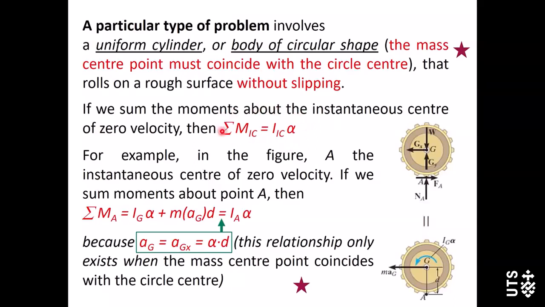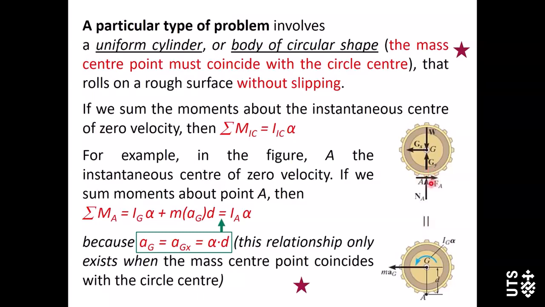Why can we get an equation like this? Okay, look at this diagram. Here, in this case, A is the contact point. This should be the IC point.